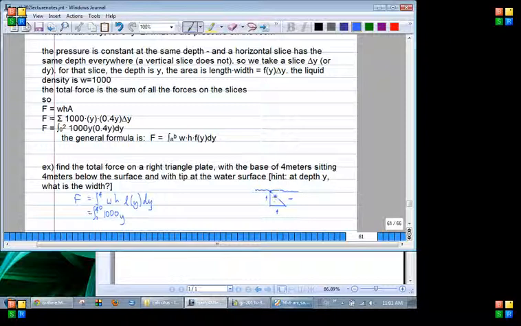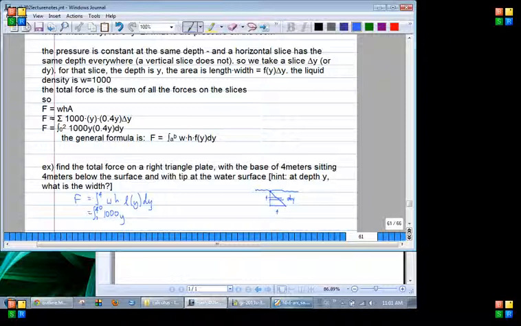Because remember, you know what I should draw? I'm going to draw this, and this will be very helpful. When we constructed this formula, what did we talk about? We talked about a slice that's dy. So what we need is, we already know the density, we know the depth of that slice.